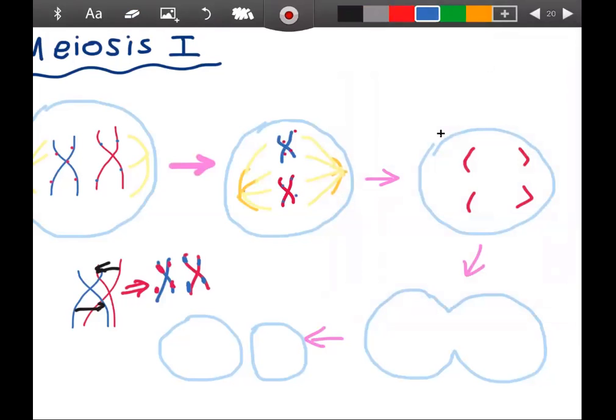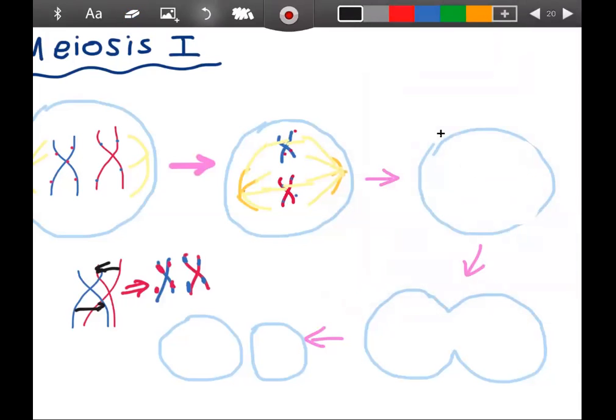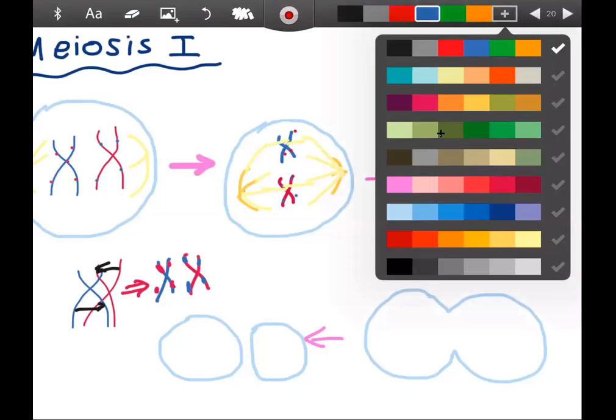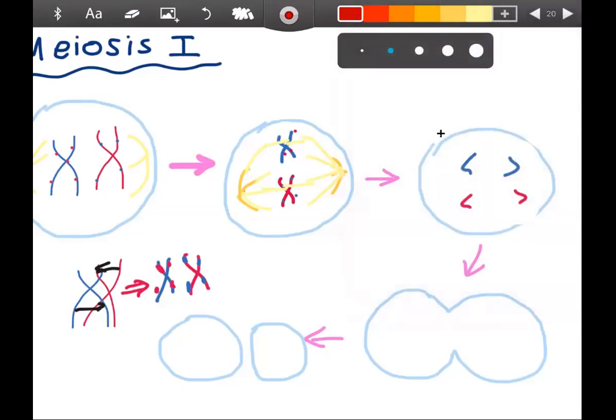They're going to line up in the middle of the plate, and the spindle fibers are going to connect to the kinetochores, and then they are going to be pulled apart in anaphase. And just imagine that these were crossed over, just to keep things easy.